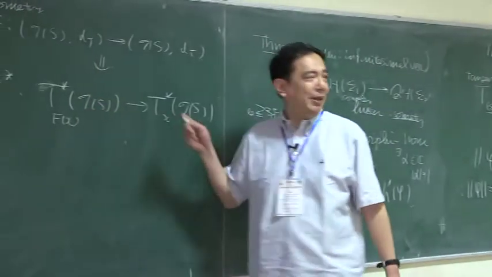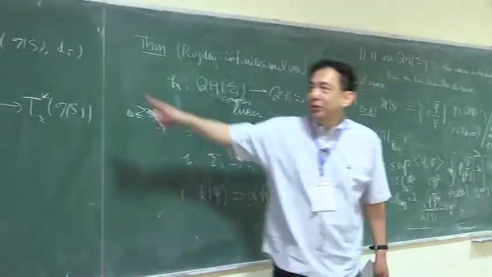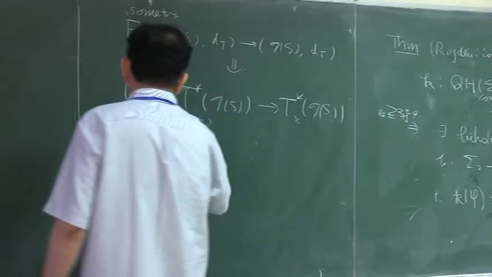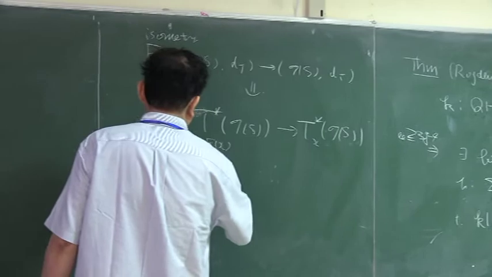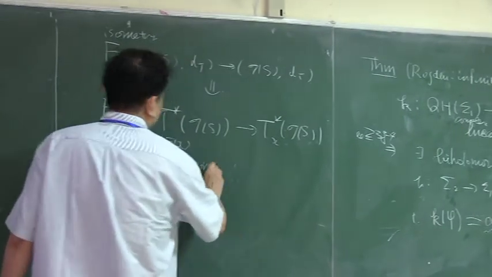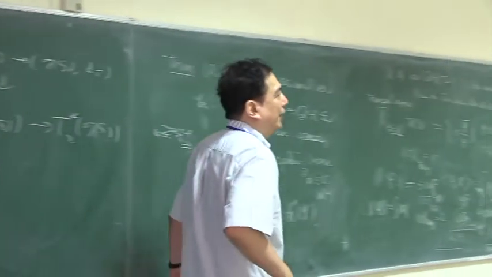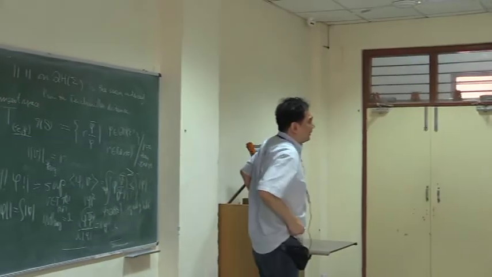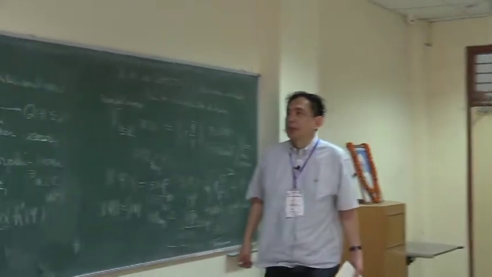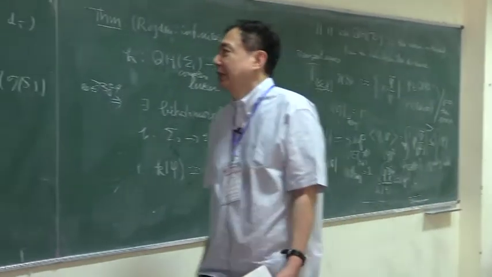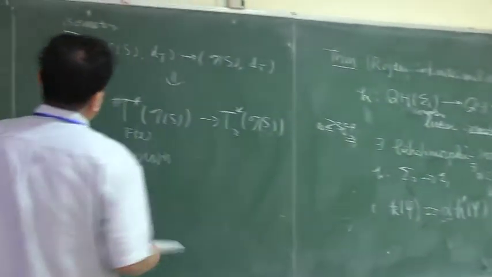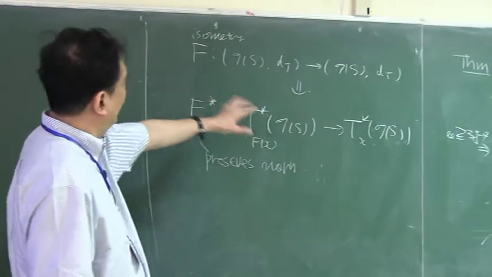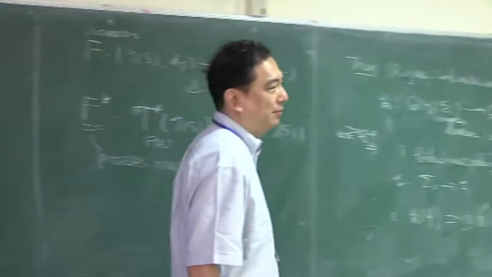So you have a map like that. And because f is an isometry, this preserves the norm, because the norm is determined by the metric. Okay. So you have a linear map between these two, which preserves the norm.